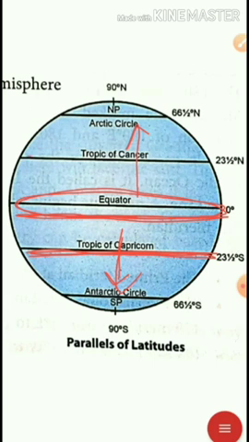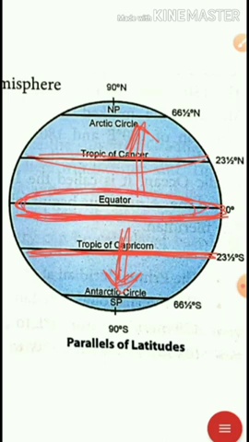So all the latitudes from the equator to every pole will be smaller than the equator. It means the equator is the largest circle.